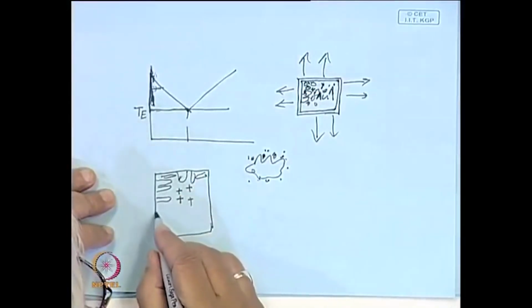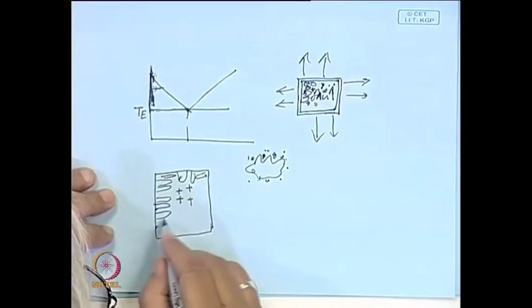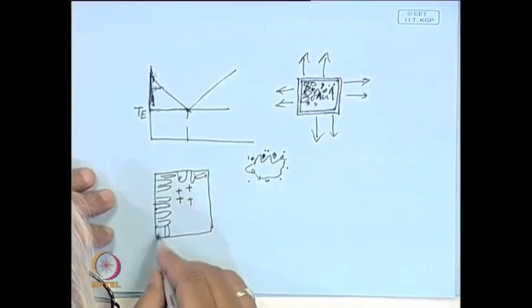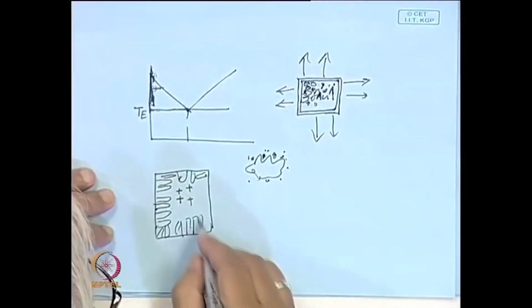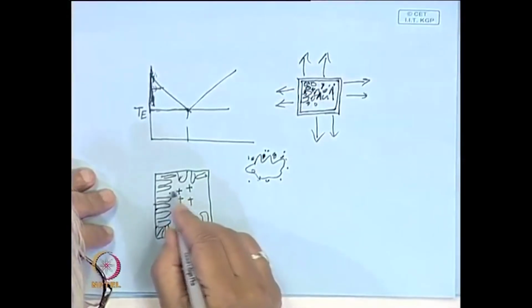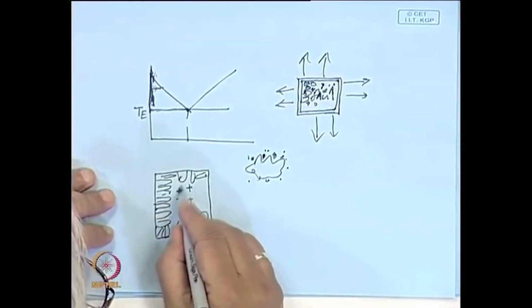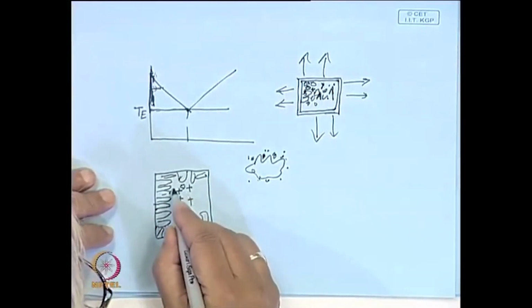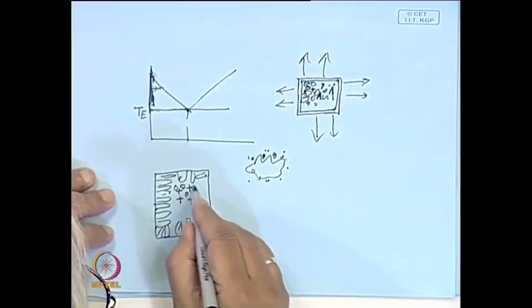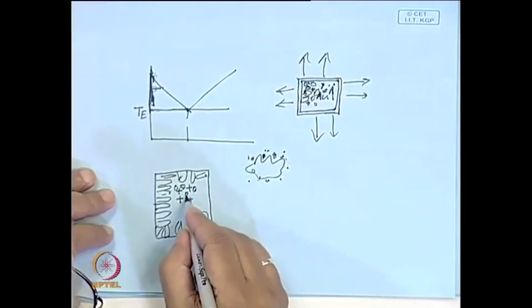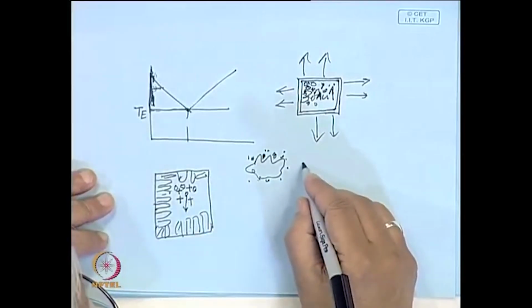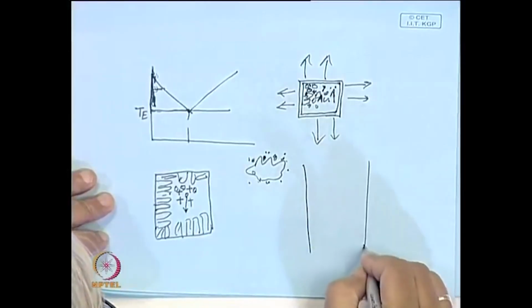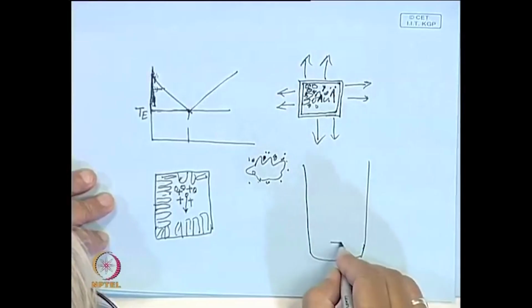Crust has formed, and these are the columnar grains which are forming, and towards the end the supercooling here becomes so large that you will get crystals here also. These crystals, which are heavier than the liquid, settle down, and so towards the bottom of that ingot sometimes you get negative segregation.